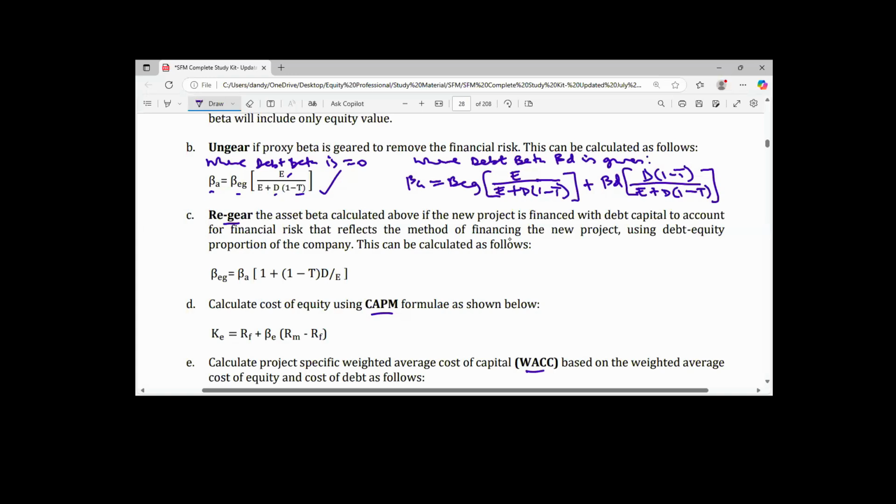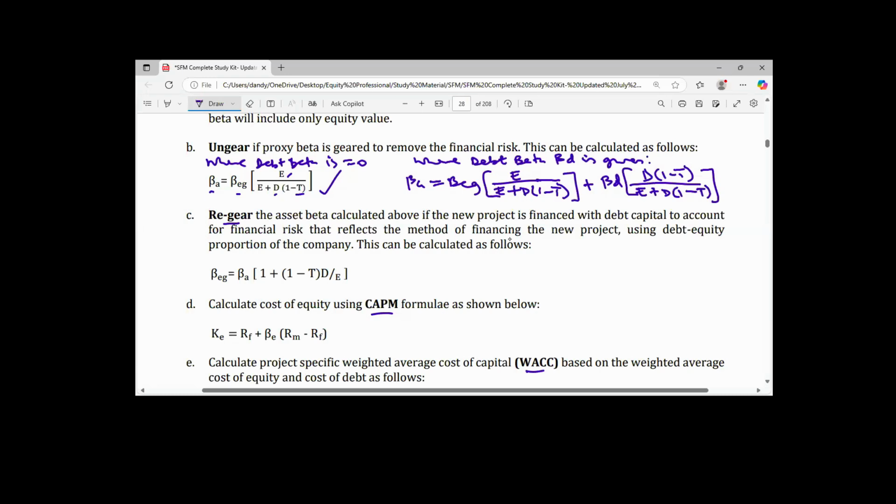Now, when you want to regear, like I mentioned, you need the value of equity, value of debt, and then the tax of the main company. Now, depending on whether debt beta is given or debt beta is risk-free.